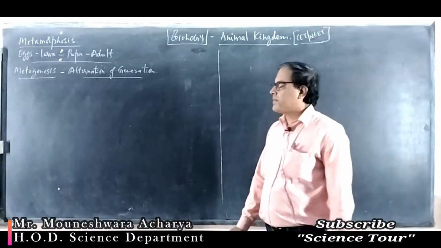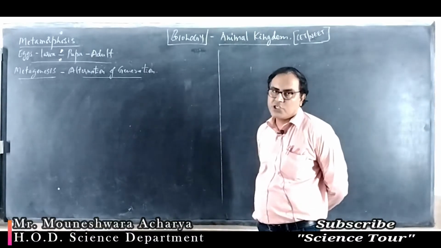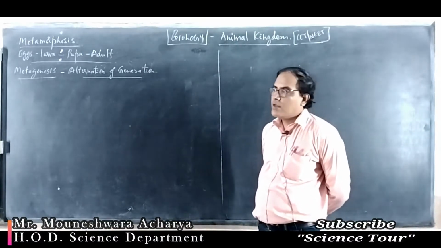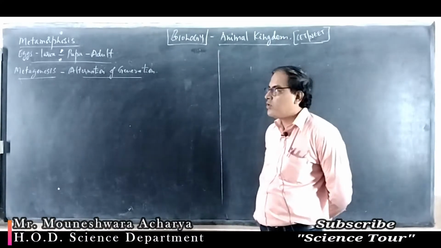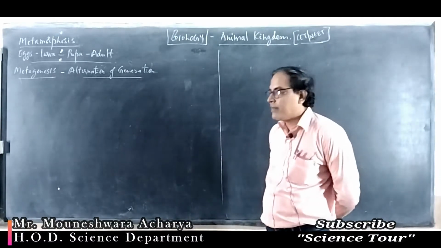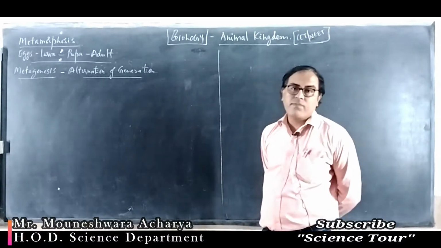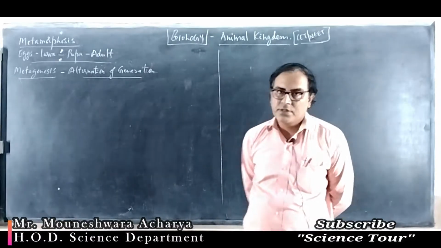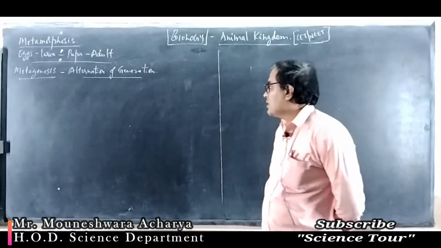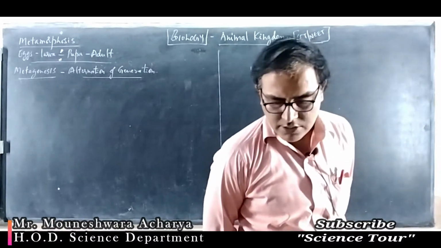The polyp, which is a cylindrical form, which reproduces asexually and forms medusa, is an umbrella-like structure, and that medusa reproduces sexually by producing gametes, male and female, and which once again forms the polyp. So polyp gives medusa, medusa once again polyp. So this alters in the life cycle of coelenterates or cnidarians.